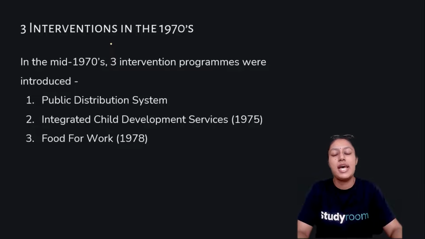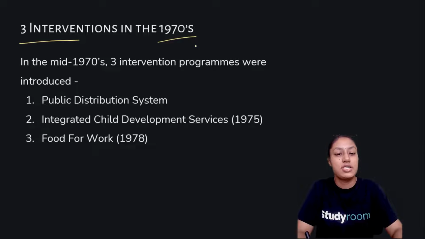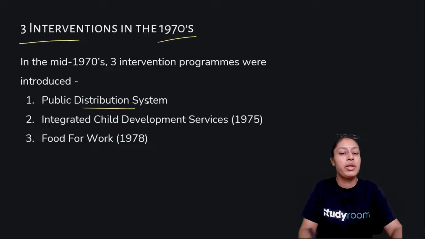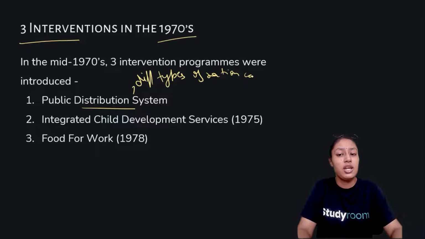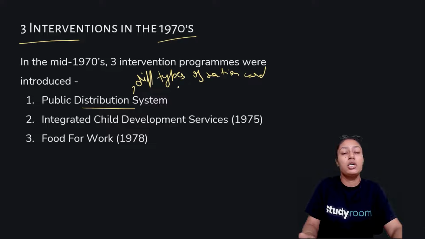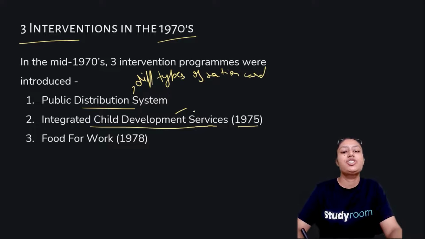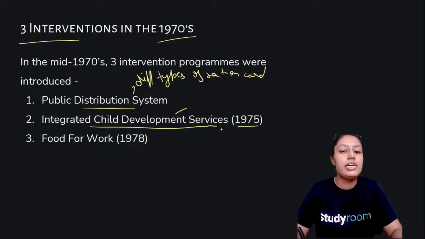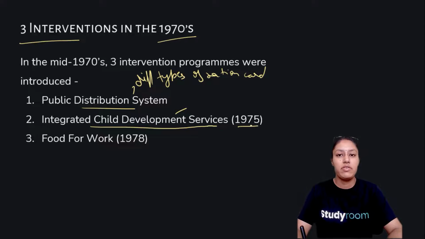This has happened majorly through three interventions, three successful projects done by the government in the 1970s. First, the public distribution system, which has different types of ration cards that we have just studied: APL, BPL, and Antyodaya card. There are other cards as well. Second is the integrated child development services, 1975.